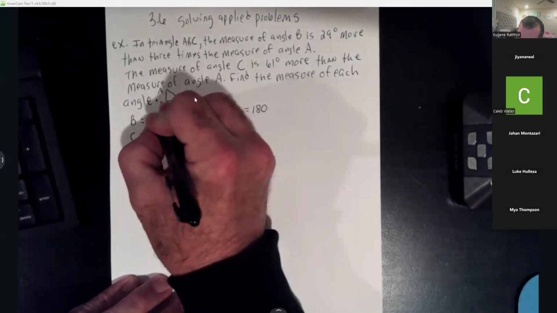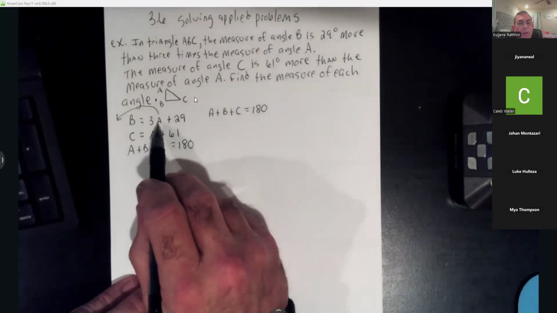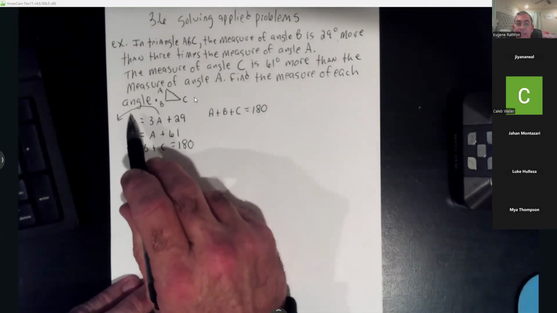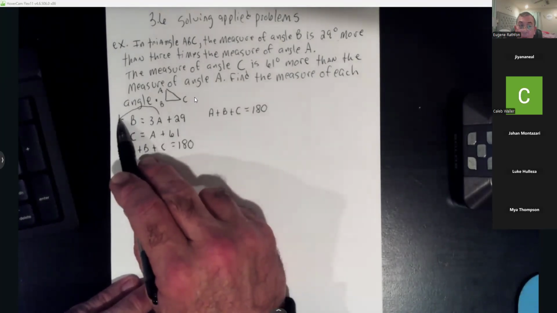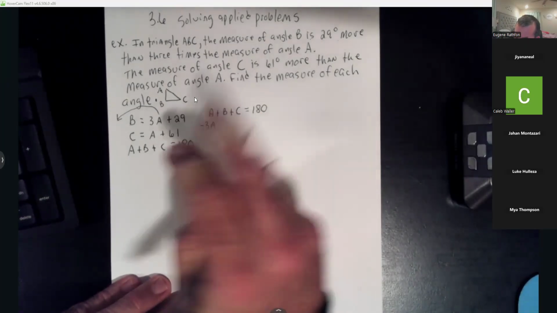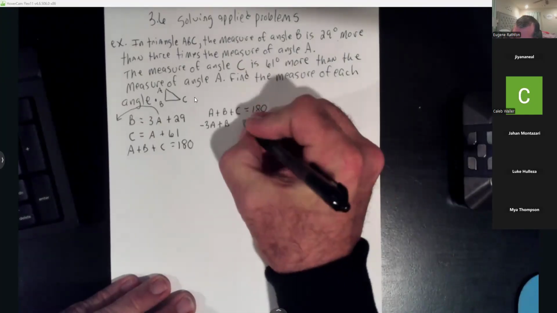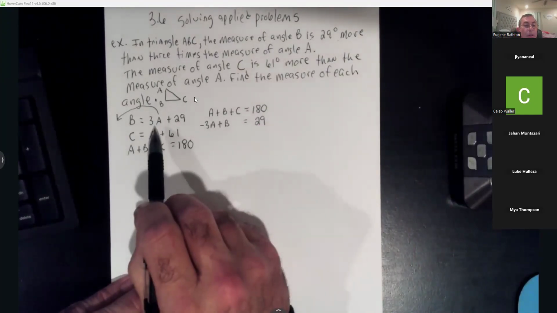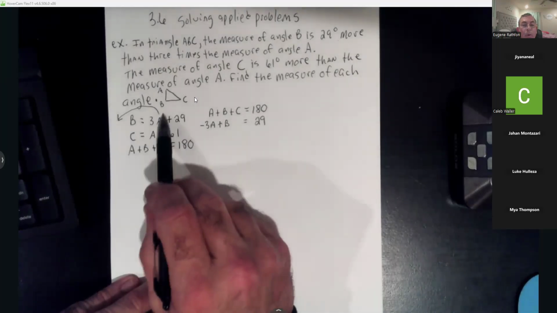If you move anything from one side to another, you change its sign. So since I'm moving the 3A to the other side of the equals, that's going to give me a negative 3A plus my B is going to equal 29. That's what you would have got if you subtracted 3A from both sides to get to 29 by itself.